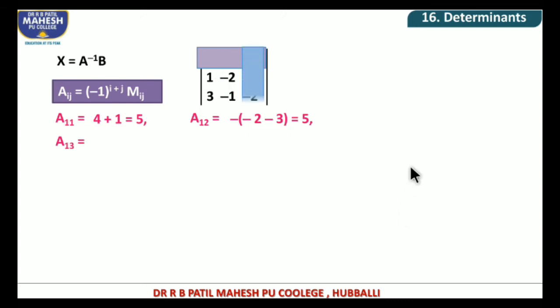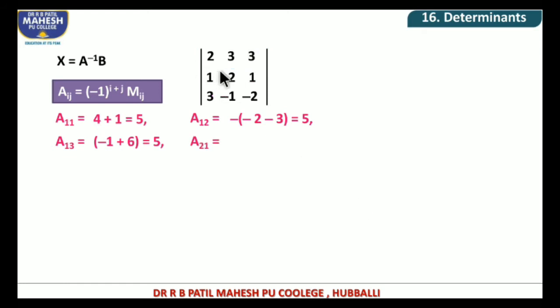Next A13, which has the sign plus. Therefore we delete the first row and third column. Therefore we have minus 1 minus of minus 6, so it becomes minus 1 plus 6, which is equal to 5.